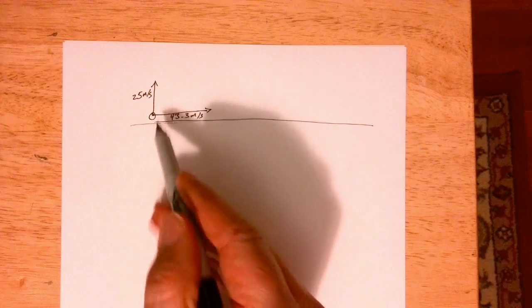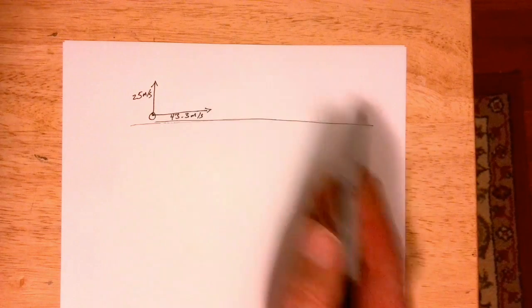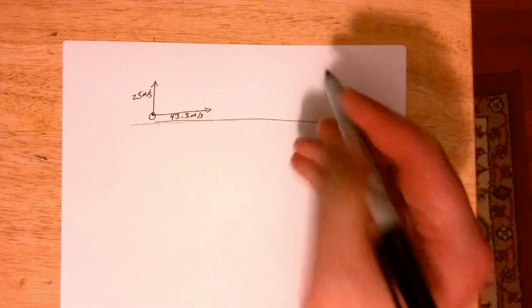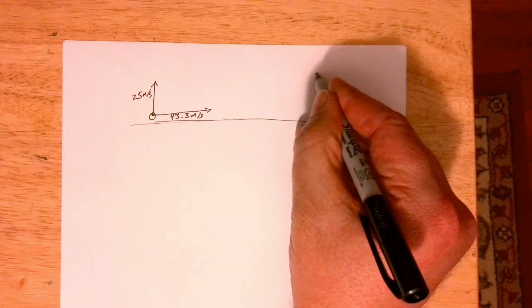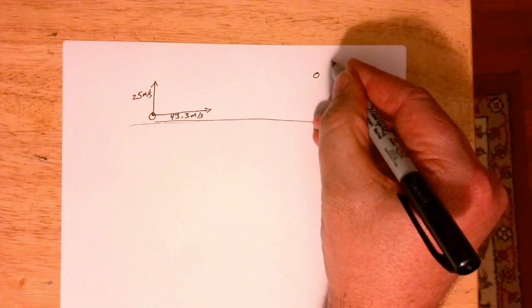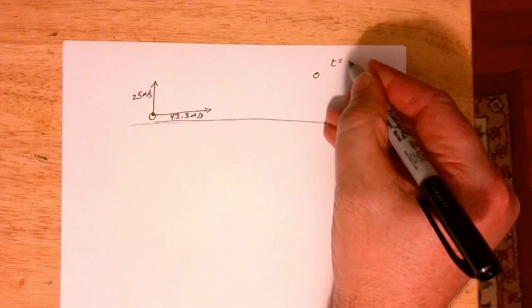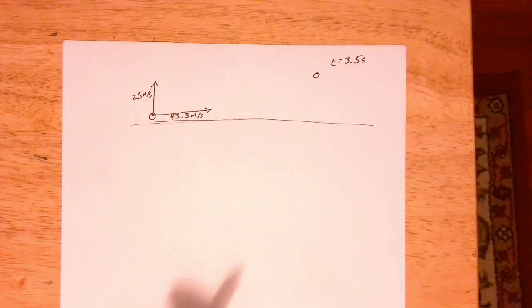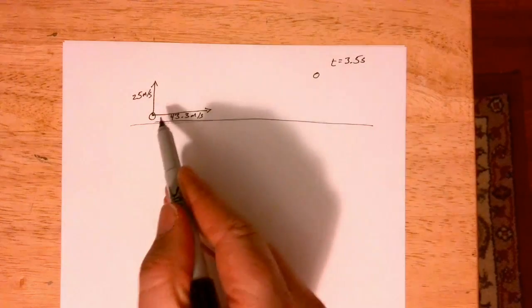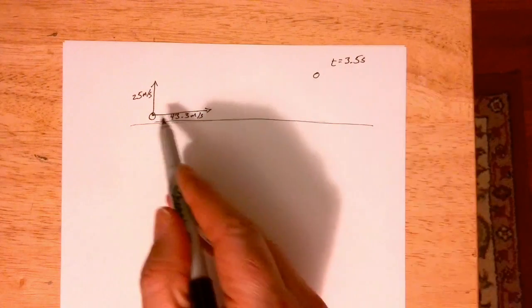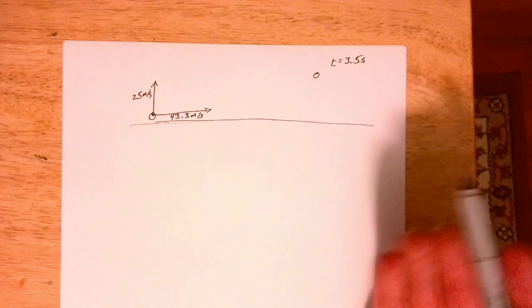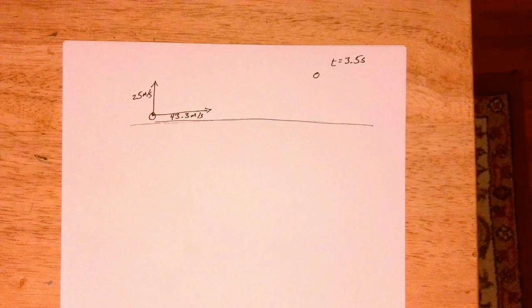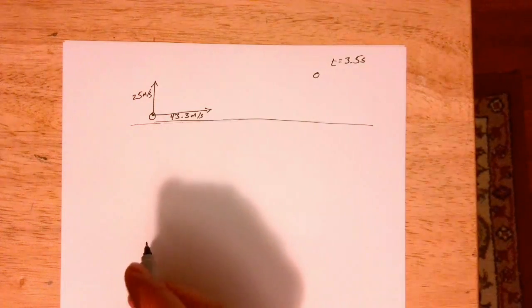Now, I'm going to approach this a little bit differently, where I'm not drawing out the whole thing, and I'm just going to put it over here. So time is 3.5 seconds. We don't know if it's still going up or if it's coming back down, but technically we do know, but let's pretend as though in this situation we don't.